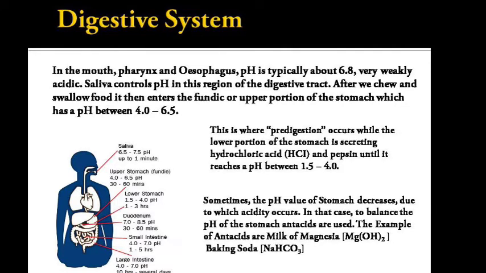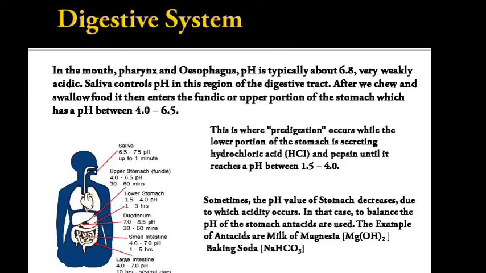So antacids, that is milk of magnesia or magnesium hydroxide, Mg(OH)2, or baking soda, that is NaHCO3, are used. And the antacid's function is to neutralize the excessive amount of acid which has been produced in the lower stomach.